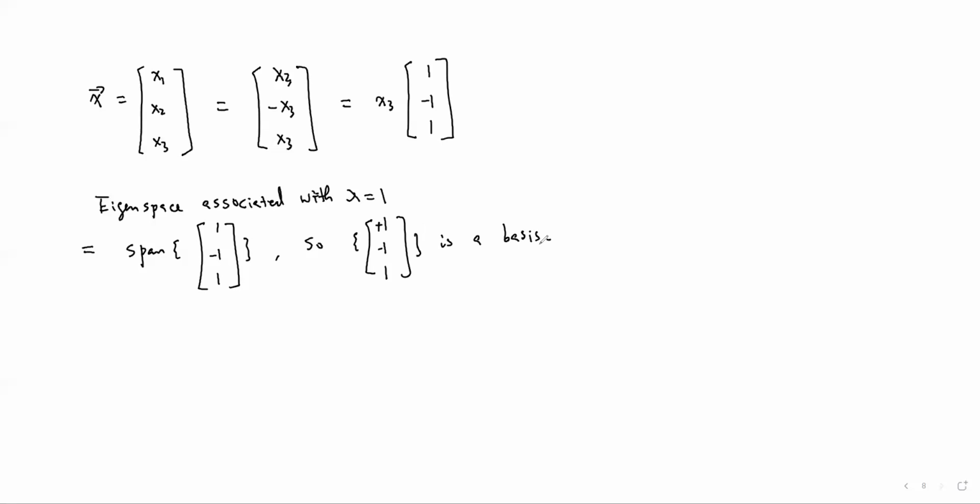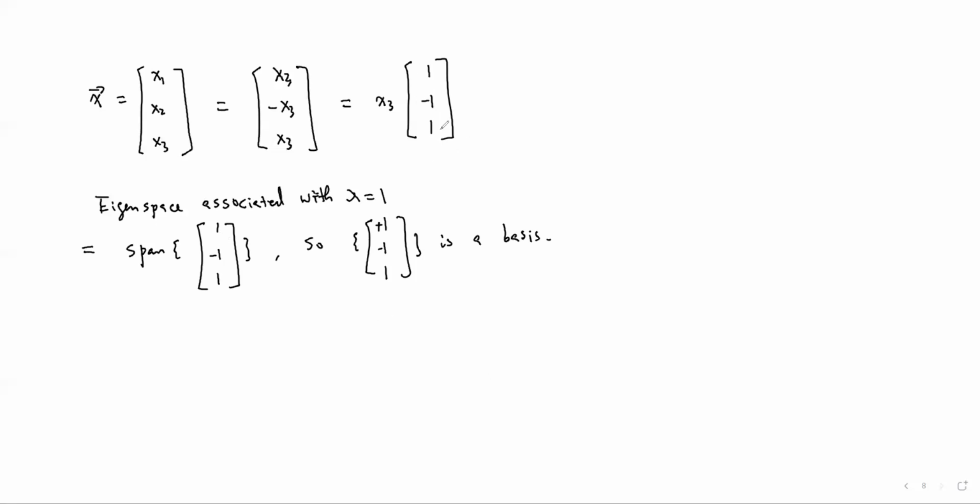A basis is the smallest spanning set of the space. Because the basis has a single vector, the eigenspace dimension is 1. It is a one-dimensional space in R3. Each vector has 3 entries in R3. The graph is a line.